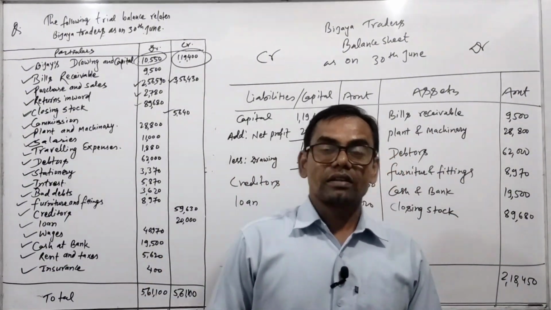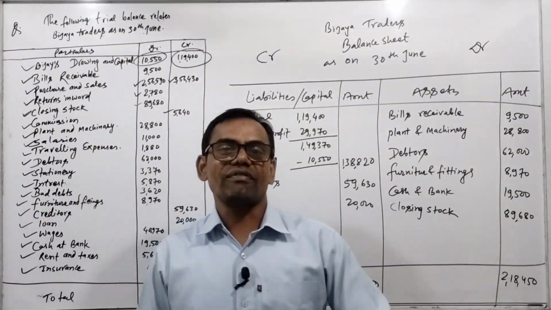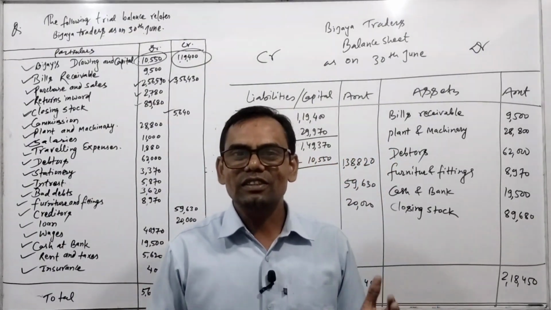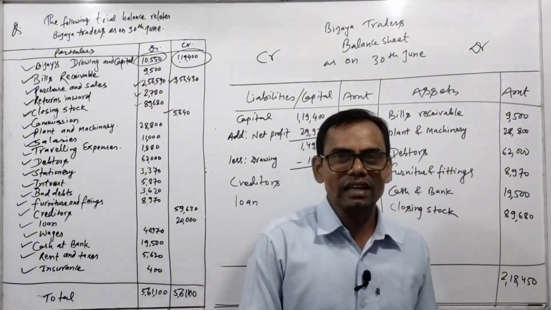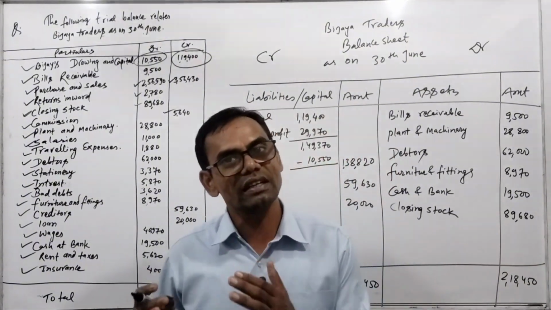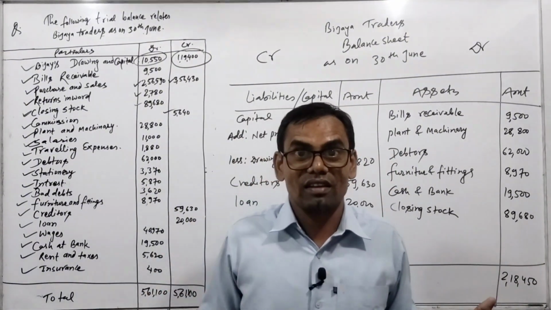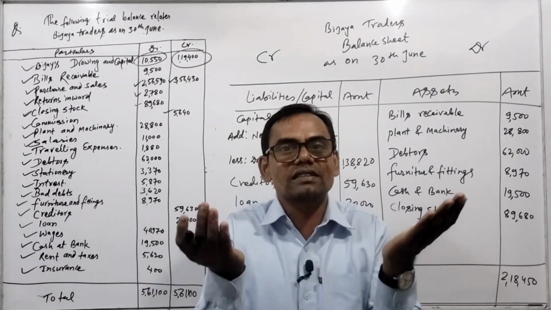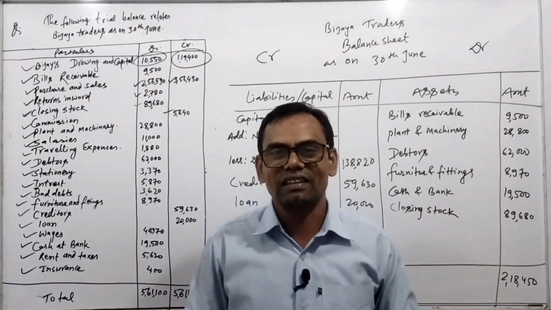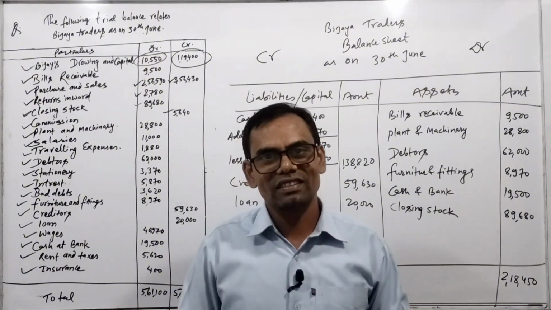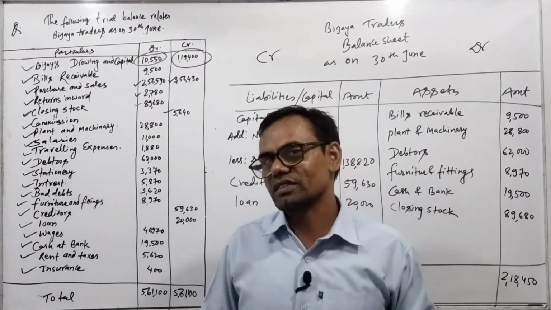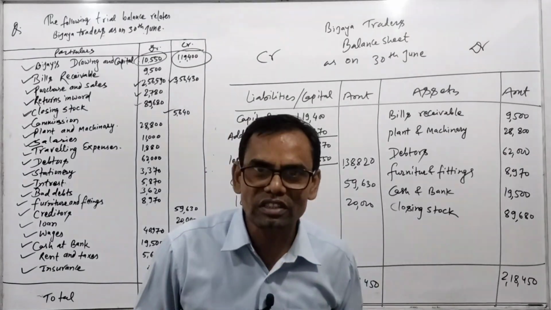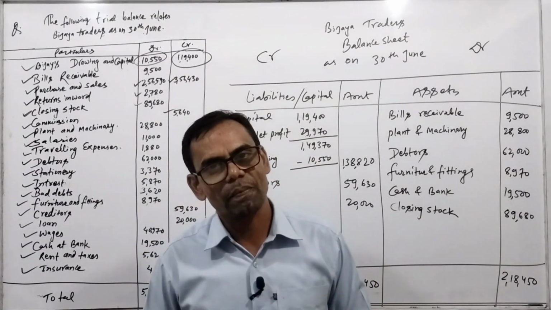And the matter of happiness is that when you prepare the balance sheet, the total amount of the asset side and the total amount of the liability side become equal, and that gives you proof that your solution is accurate and correct. You will get a total of 8 marks, 2 from the trading account, 3 from the profit and loss account, and 3 from the balance sheet.